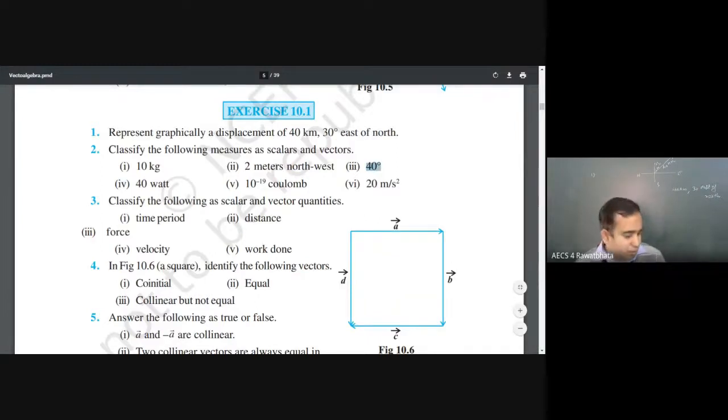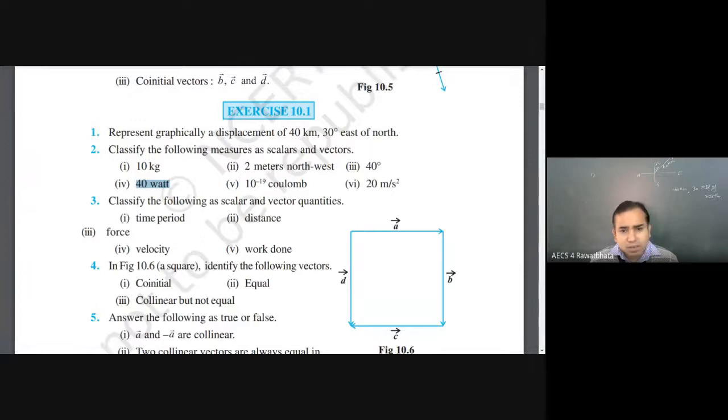40 degree. Scalar. What will angle be? Scalar quantity, isn't it? Angles are scalar quantity. 40 watt. Scalar. Watt is the unit of power. Power is energy divided by time. So watt is a scalar quantity.